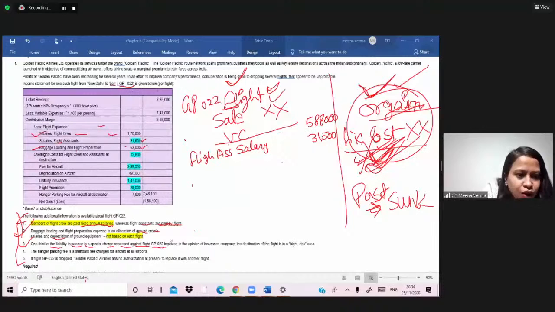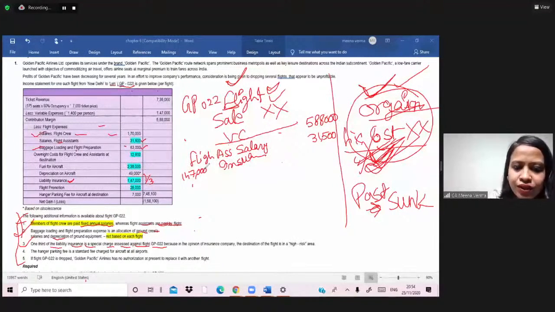They are saying that out of the entire liability insurance cost, only one-third is related to the flight. So insurance, how will you calculate it? 147 into 1/3. So from here you will get the insurance cost.